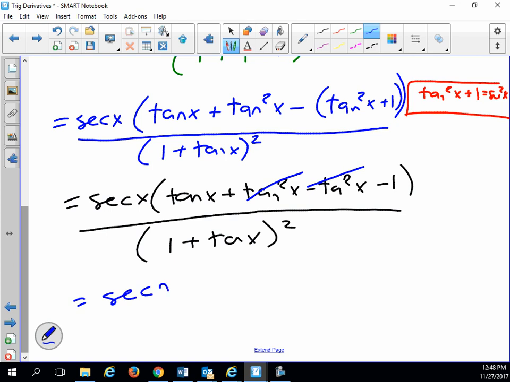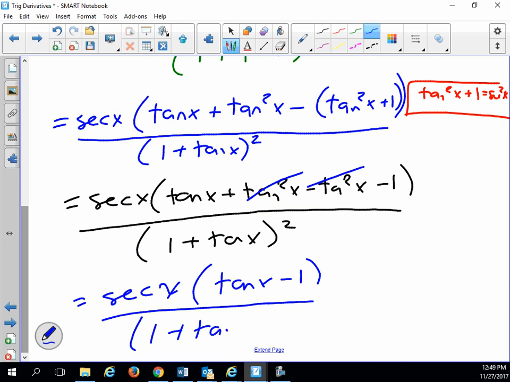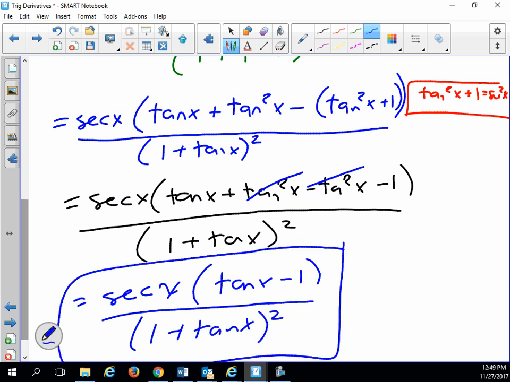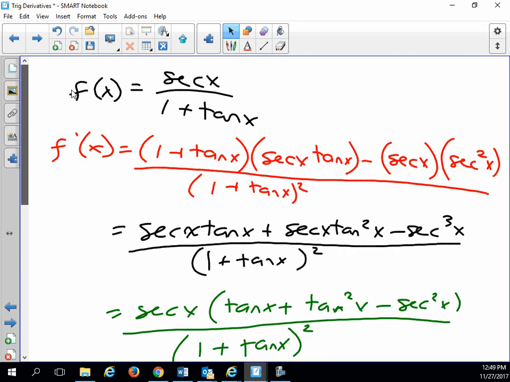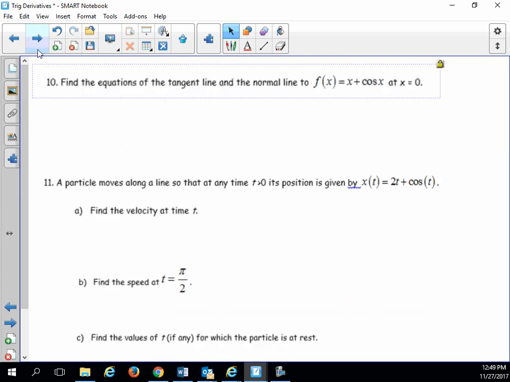And I'm left with secant x times tangent x minus 1 over 1 plus tangent x squared. There's my final answer. So again, it takes a little bit more work and a little bit more practice, but it is exactly the same problems. Exactly the same rules.